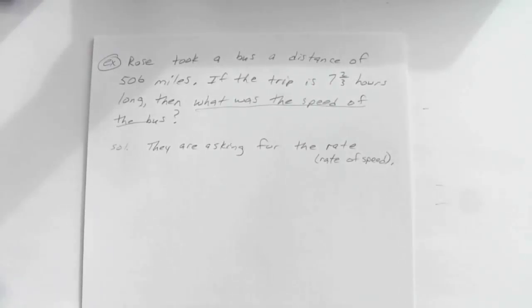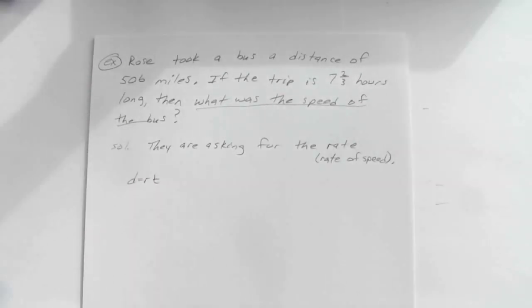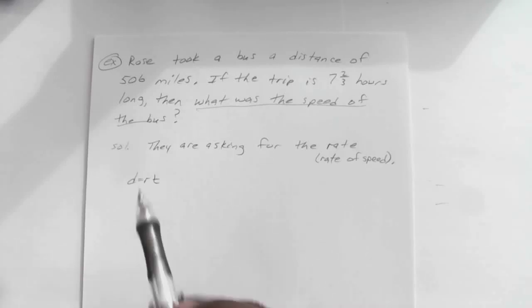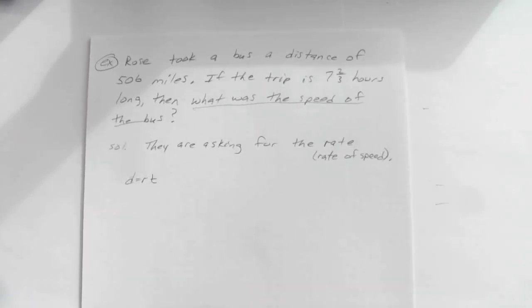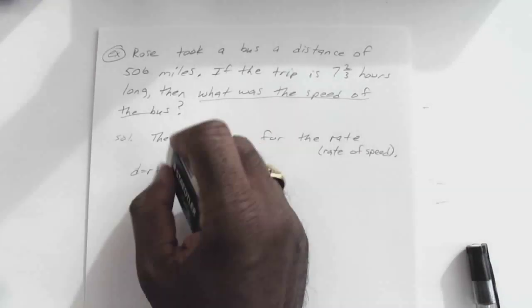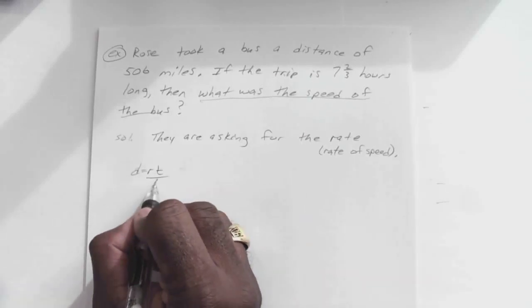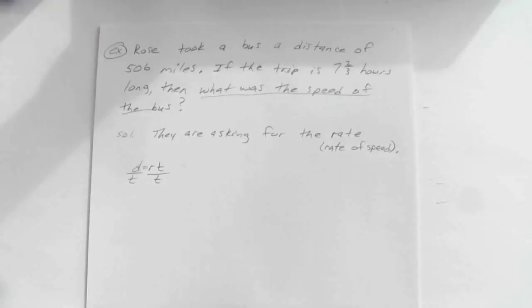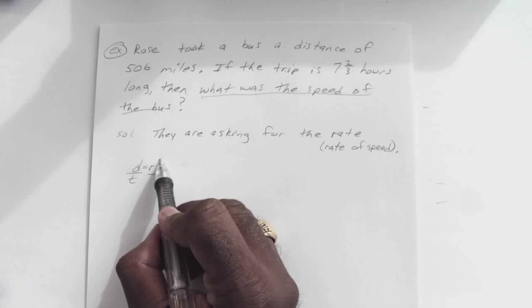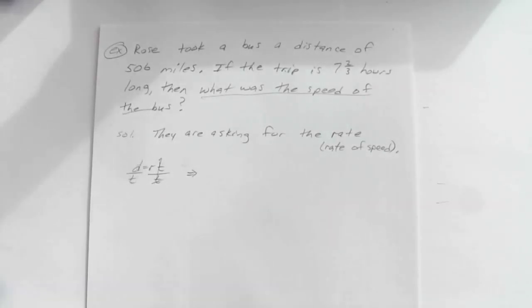Okay, so that means again, if we have our distance equals rate times time, if you're trying to remember, just remember DRT, makes it easier to remember. We divide both sides by t. Okay, anything divided by itself is just 1. So r is equal to distance over time.